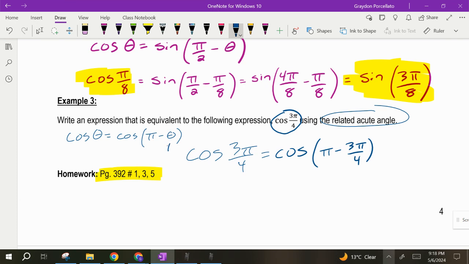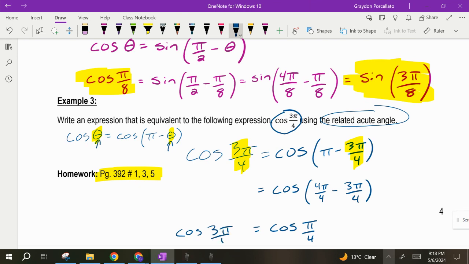Notice how theta, those two values are the same. So what did I sub in for theta? I subbed in 3 pi over 4 for theta. Now all I'm going to do is simplify my right side. So that would be 4 pi over 4 minus 3 pi over 4. And that's equal to cos of pi over 4. So the cos of 3 pi over 4 is equivalent to the cos of pi over 4.